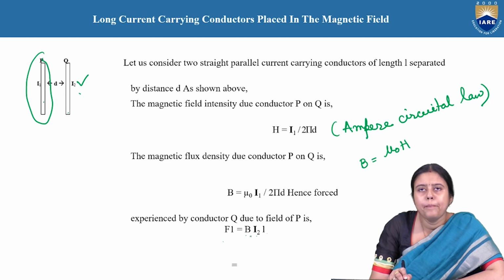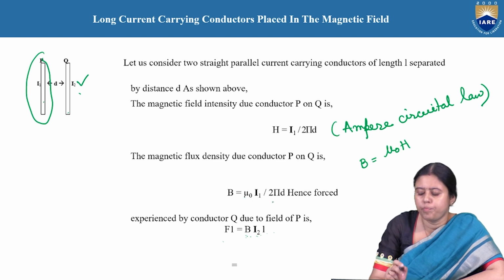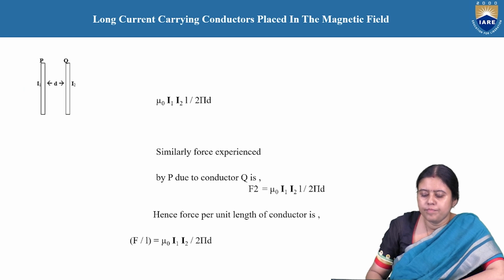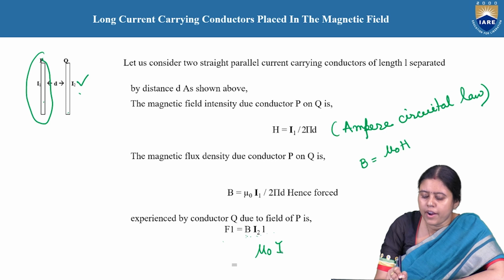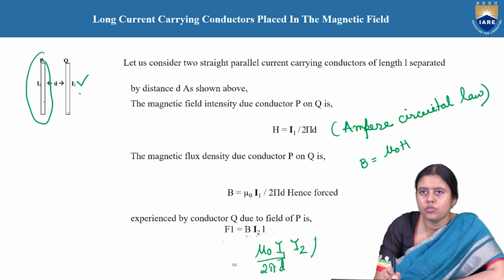Now what is B? B is nothing but mu naught I1 by 2 pi d. So the force is mu naught I1 by 2 pi d into I2 into L.